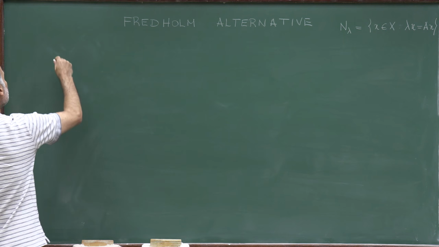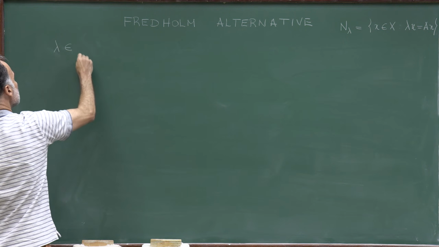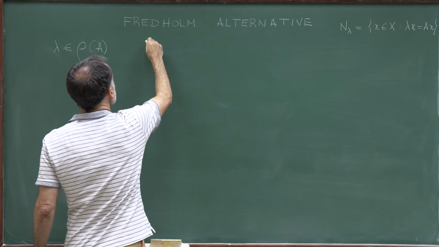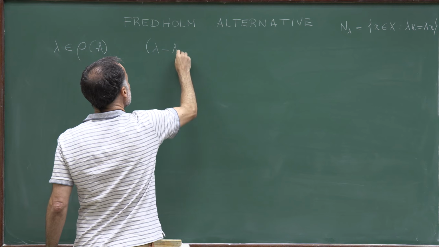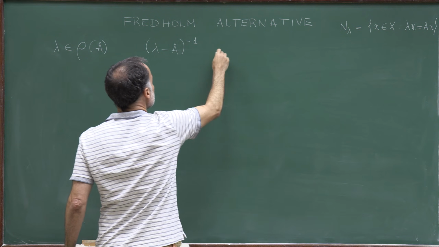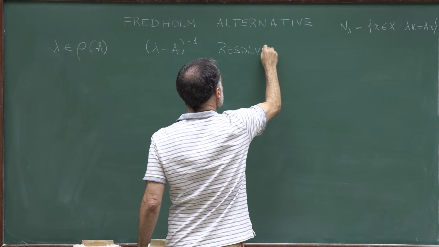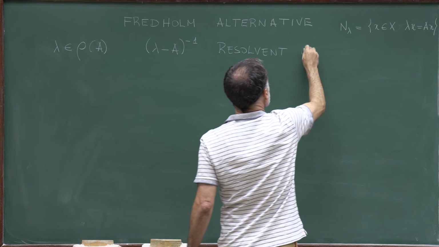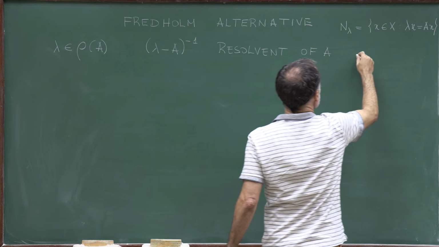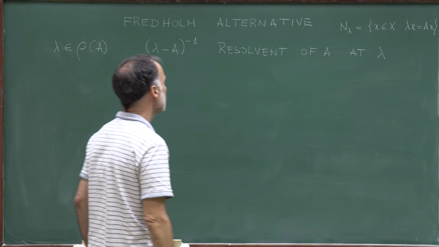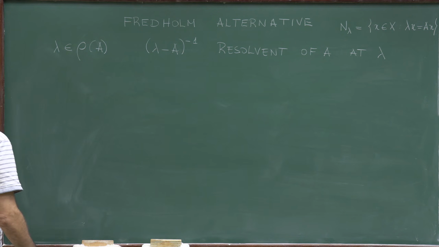I forgot to say that if lambda belongs to the resolvent set rho of A, then we call (lambda minus A) inverse the resolvent of A at lambda. This is just a new terminology.